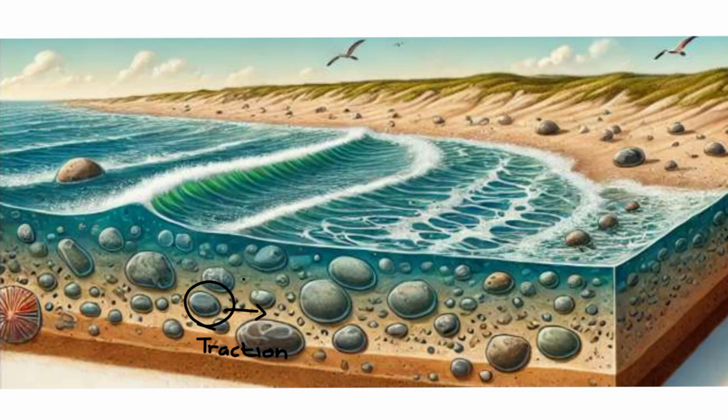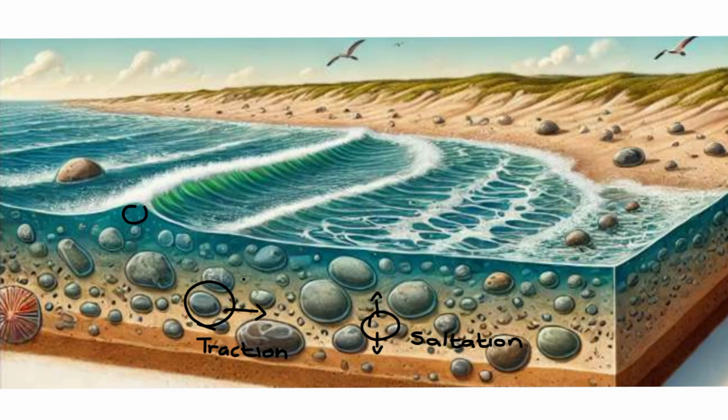We then have saltation. This has to do with smaller particles like sand and gravel. They are bounced or hopped along the seabed. The particles are lifted temporarily and then dropped back down due to the water's movement. Now, this occurs in areas with medium energy, such as moderate flow waves that already crashed and broke onto the shore.